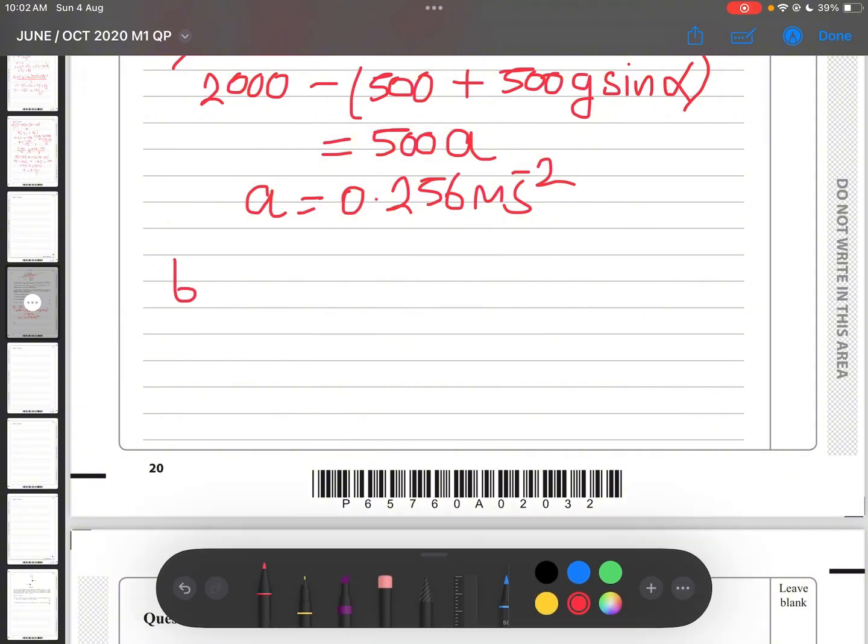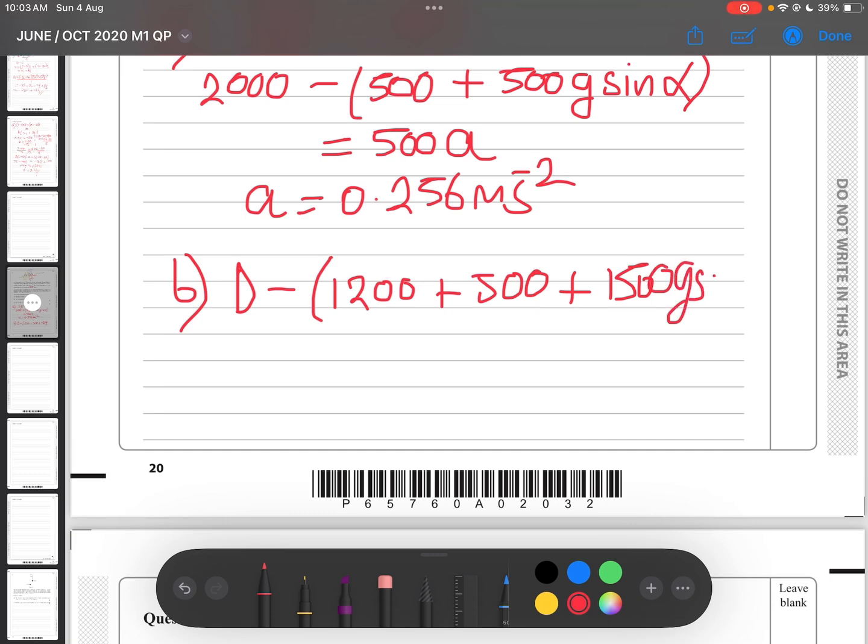Okay, now part B, the forward force acting is only D, and then minus, it's going to be 1200 Newton, the resistive force of the engine, plus the resistive force 500 Newton of the truck, plus the component of the weight of the engine, and plus the component of the weight of the truck.